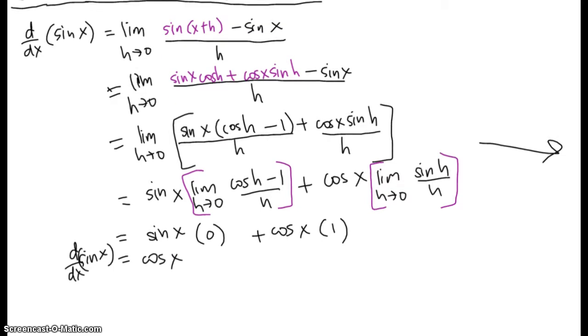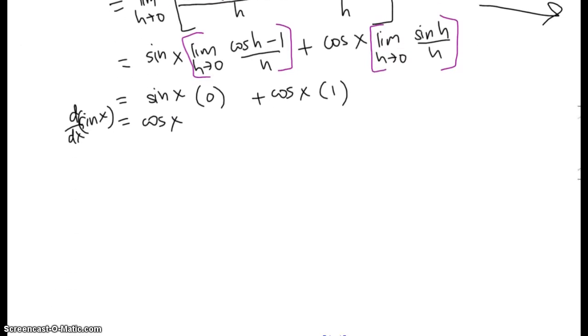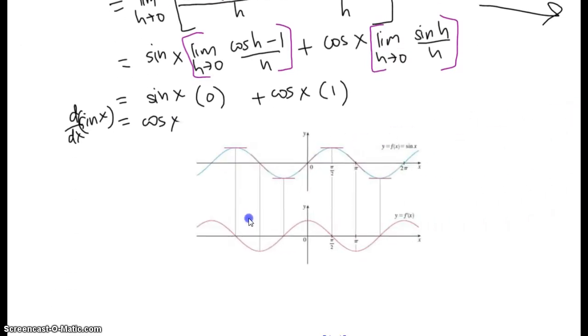Now let's take a look at what that means graphically. Here at the very top we have our original function, sine x. Our derivative is looking for the slope of the tangent line at any given point. So at 0, the slope of the tangent line is the same thing as the output of the cosine. The slope of the tangent line here is 1, this output right here.